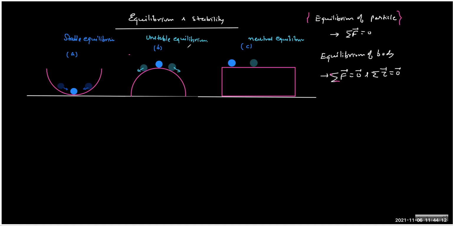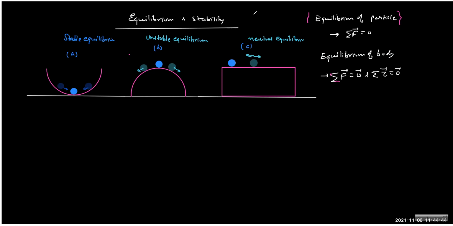Sir, can you explain the third case again? Sir, the neutral one. In neutral, if you displace from here to here, it will neither try to go this way nor try to go this way.